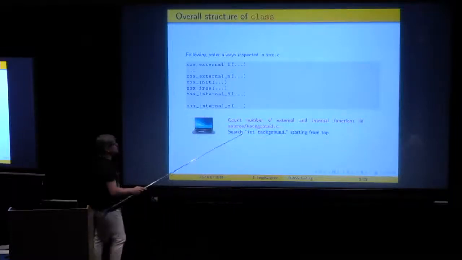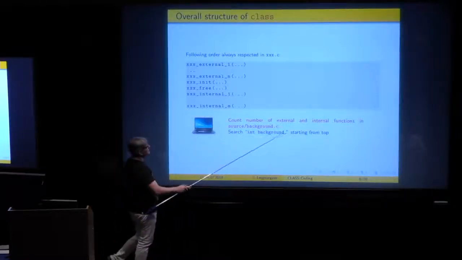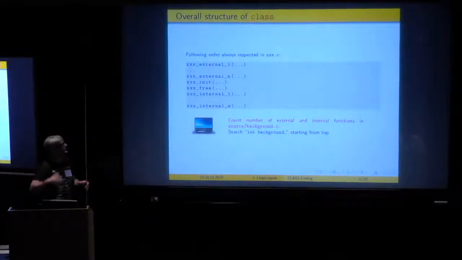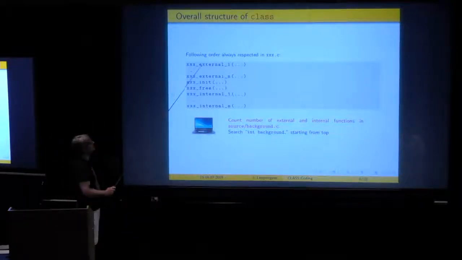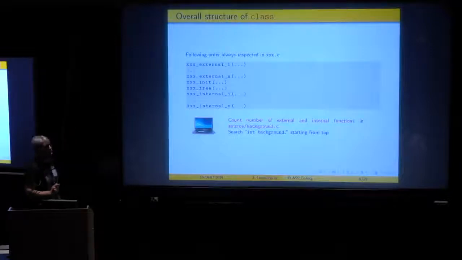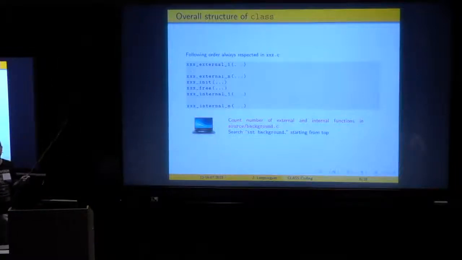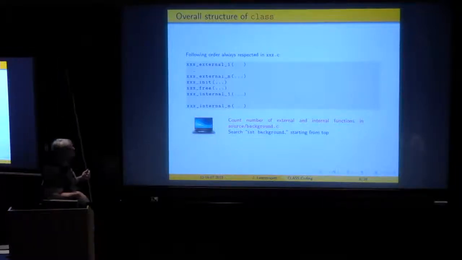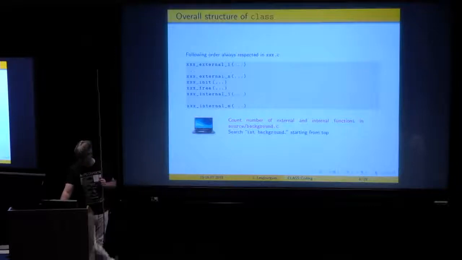So you can just search for int background_ and see what you get. And you will get indeed some external functions. The first one, I think, is background_at_tau. Then you will see the init, then the free, and then you will see something like 10 to 15 other functions, maybe more.